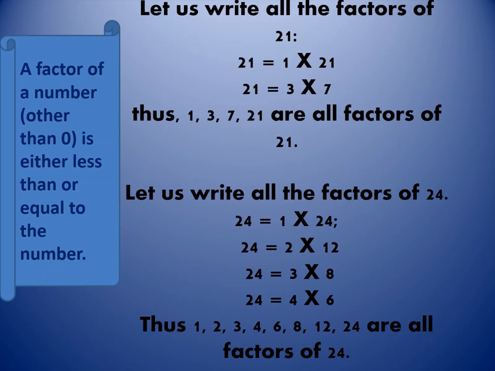Then we shall think about 3. Yes, 3 multiply 8. Next we shall think table of 4. Yes, 4 multiply 6. 7? No, 24 does not come in 7. 8? Yes, 8 multiply by 3.